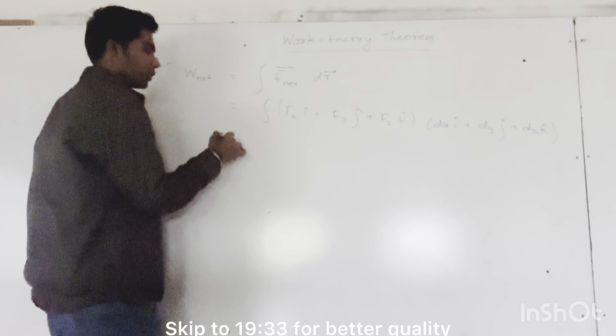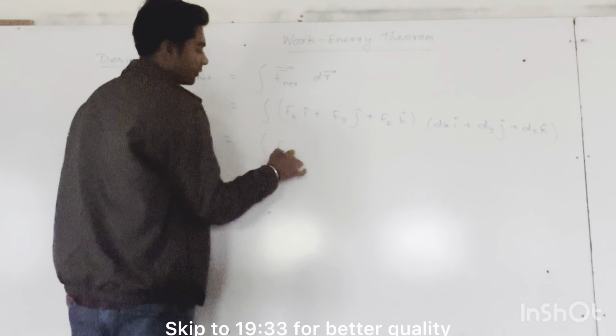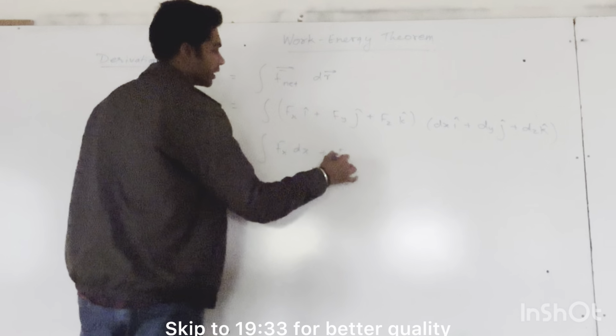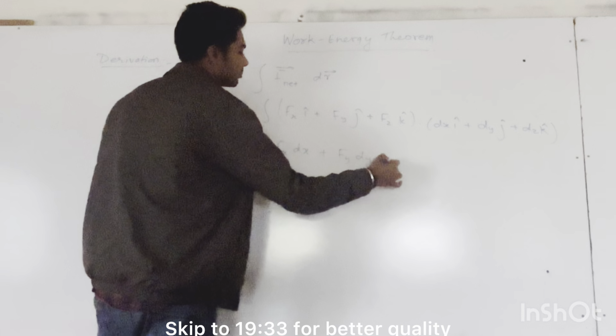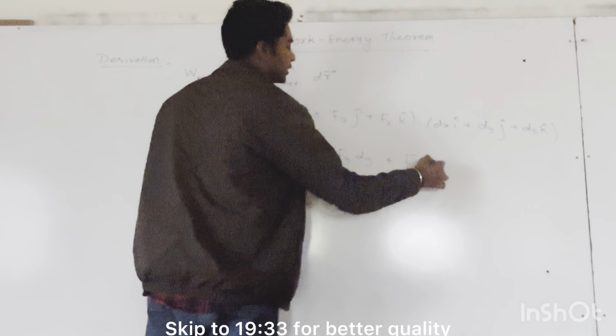After taking the dot product, we get Fx dx plus Fy dy plus Fz dz.